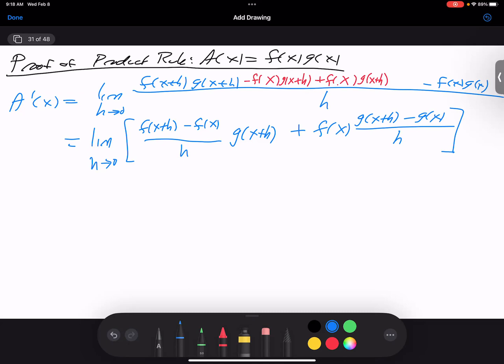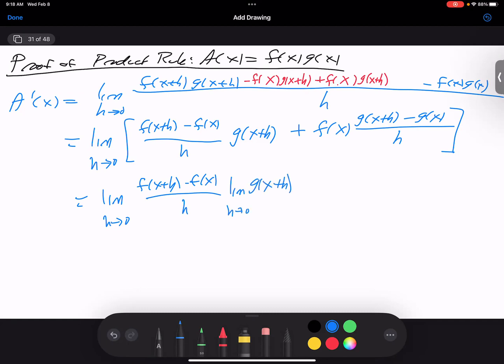The first term is looking a lot like f prime times g, and the second term is looking like f times g prime. What I want to use now is the limit of a sum is the sum of the limits. That is true so long as at least one limit is finite. And I'll give you some caveats about that in a moment. So this is the limit as h goes to 0 of f of x plus h minus f of x over h, times the limit as h goes to 0 of g of x plus h.